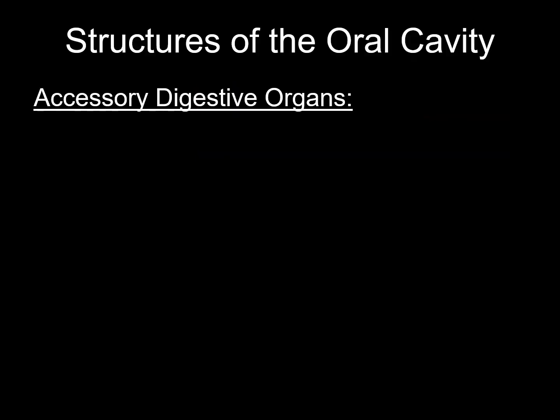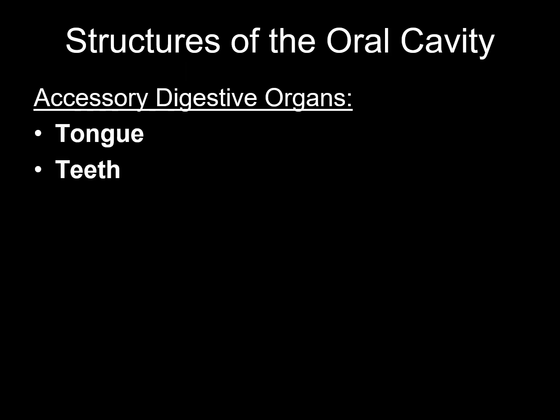So let's go back to the oral cavity. We do have some accessory digestive organs. What does that mean? Anything that's not part of the tube of the digestive system, anything that's going to aid in either mechanical or chemical digestion.